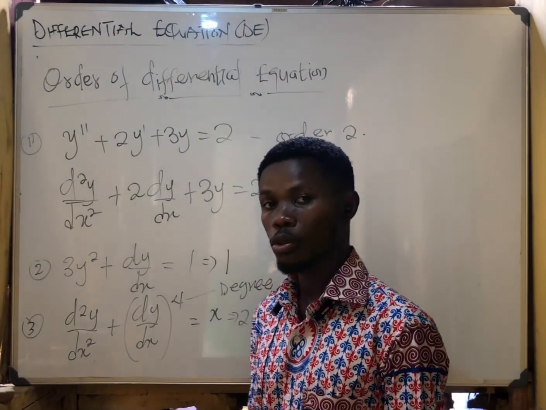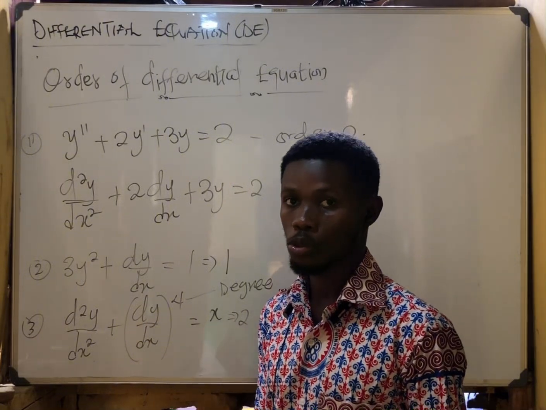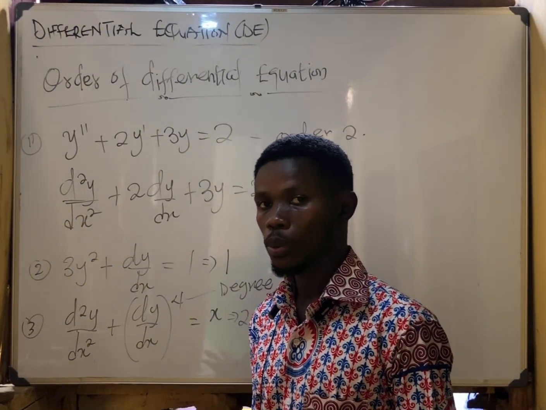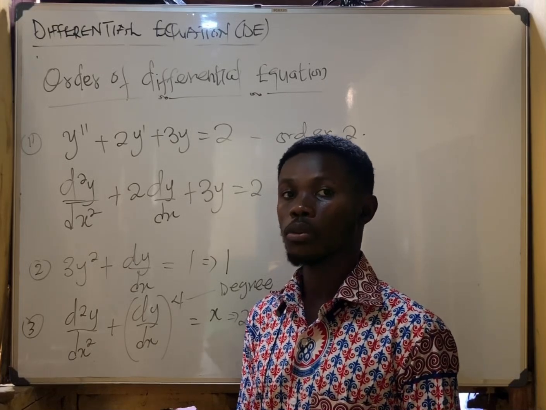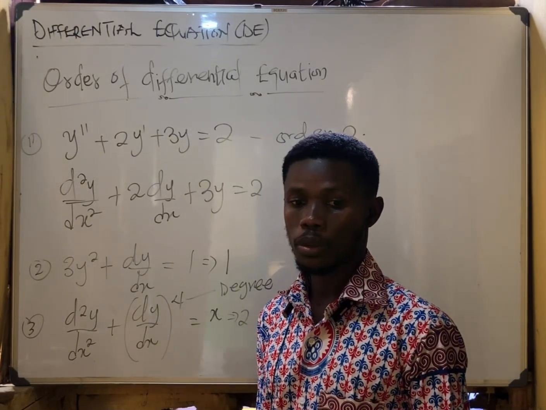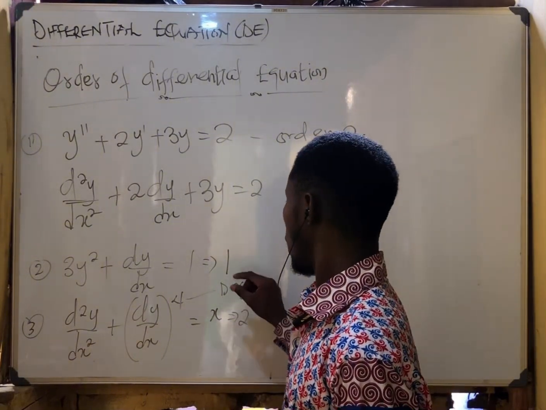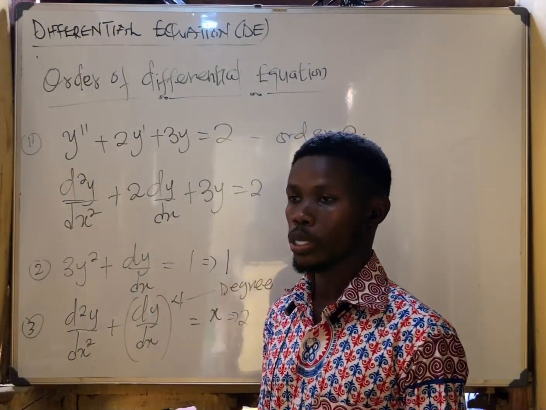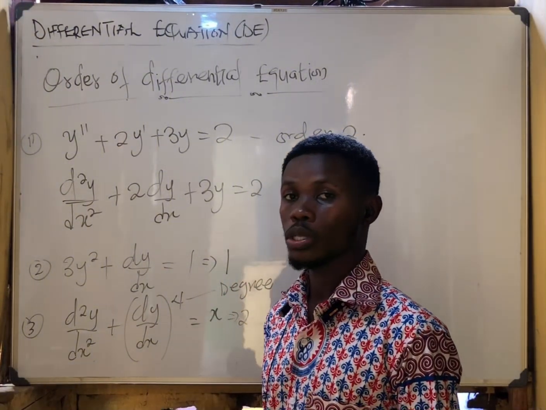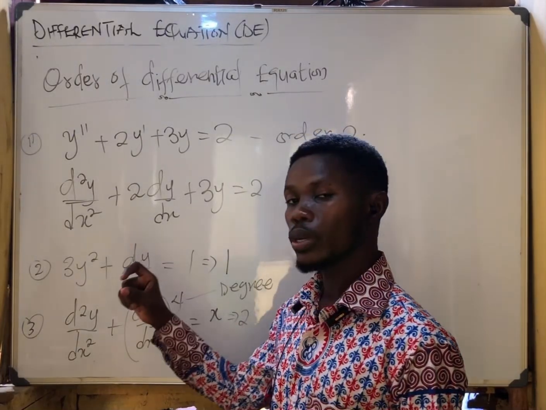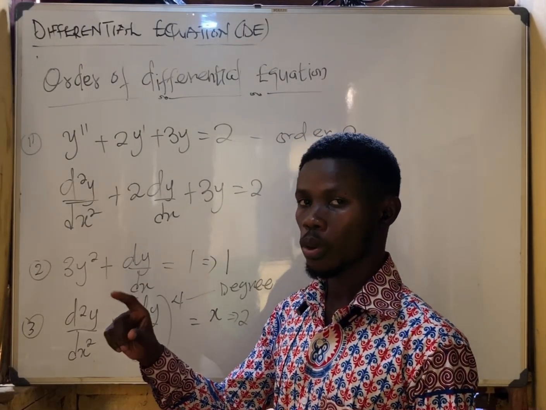So I will take this opportunity to explain the degree to you. The degree is always on the polynomial. So when a differential equation is given to you, and that one is not a polynomial, then you cannot associate any degree to it. The degree of that one becomes indefinite. Good. So when you are considering the degree, you consider the polynomial ones.